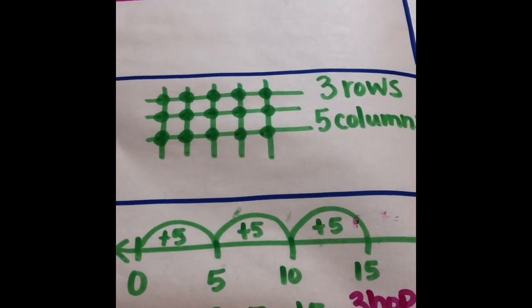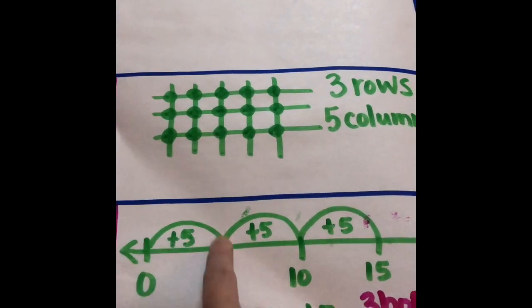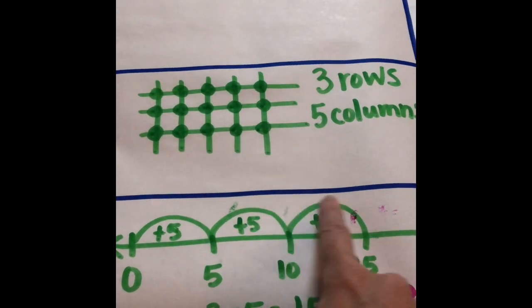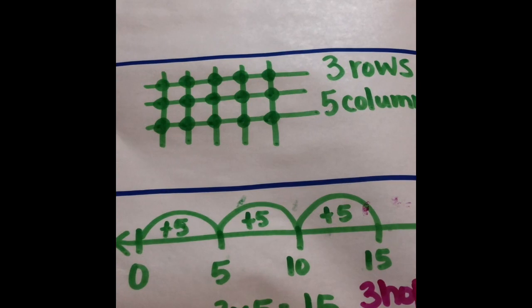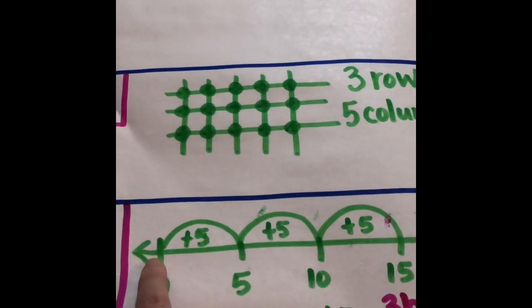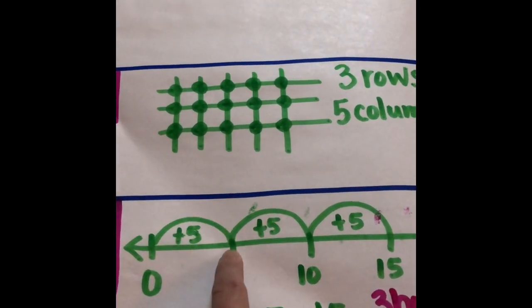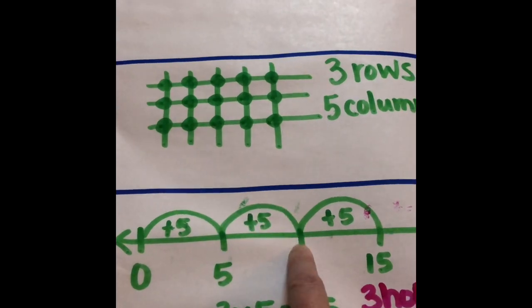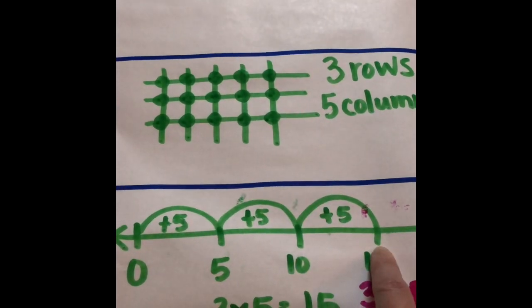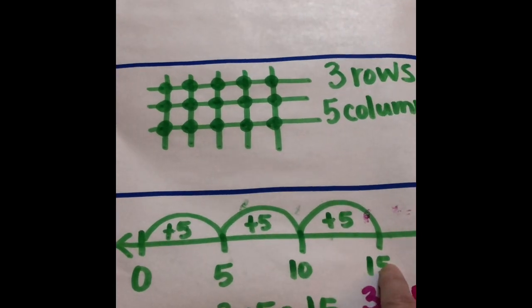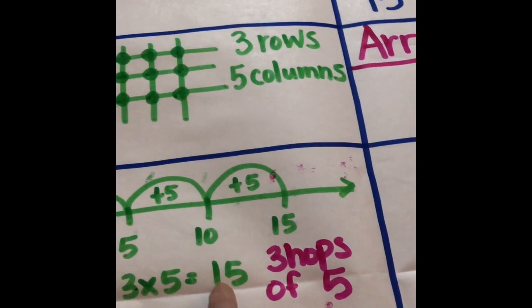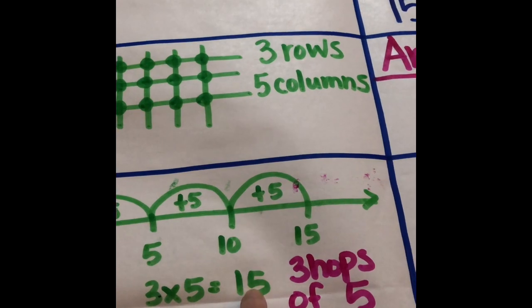So if I have 3 as my first factor, then I did 1 hop, 2 hops, 3 hops, and I know that each hop is me adding 5. So my little frog is jumping 5, and then another 5, and then another 5. So I'm basically skip counting 5, 10, 15. 3 hops of 5 gives me the answer 15.